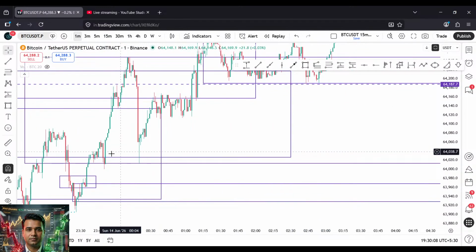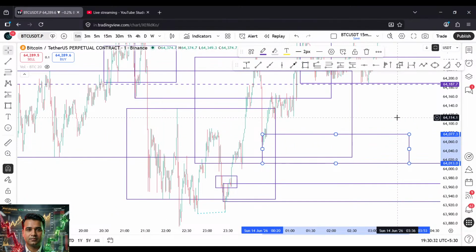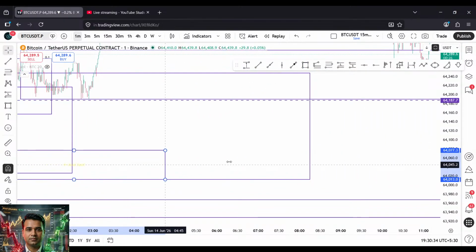Also, if we look at here, this up move, price goes up, comes down, price comes down to this LSK here. So this has come to the right place, but this is also clean here. So let's draw a zone here also.